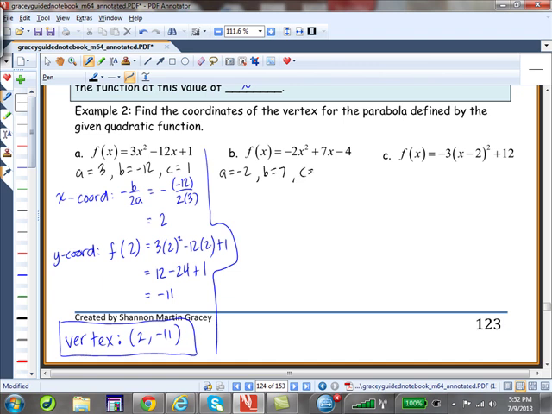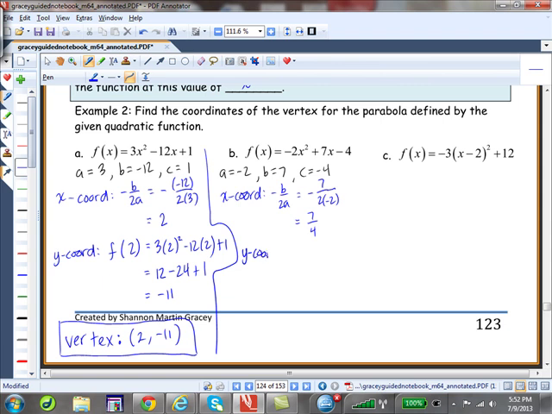B is 7, and C is negative 4. So our x-coordinate of the vertex will be negative b over 2a, which will be negative 7 over 2 times negative 2. This is, let's see, positive 7/4.